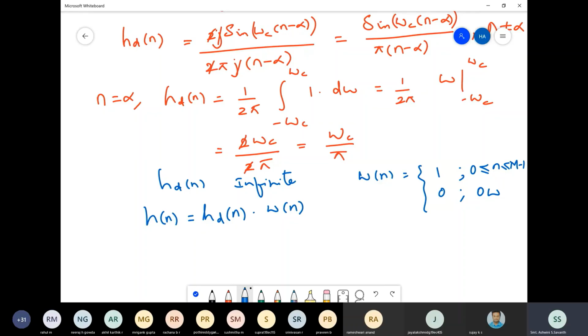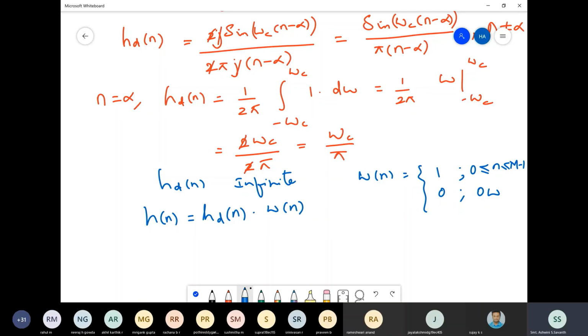When multiplying these two, your h of n will have only m samples in it, a finite duration impulse response. Those will be the filter coefficients of the FIR filter, the h of n values.